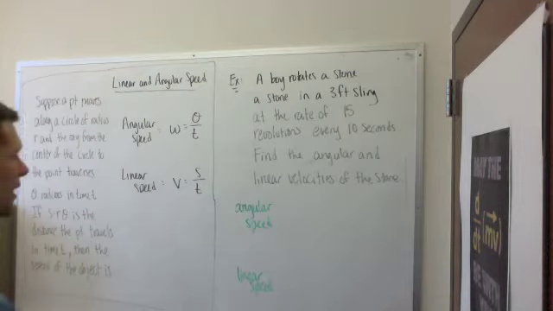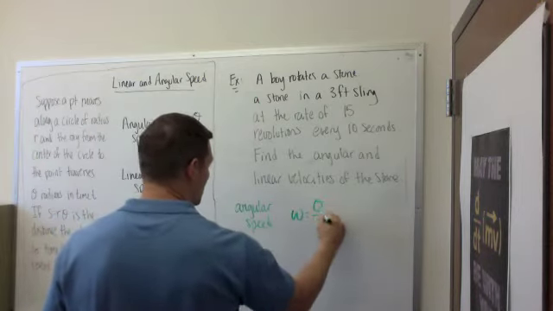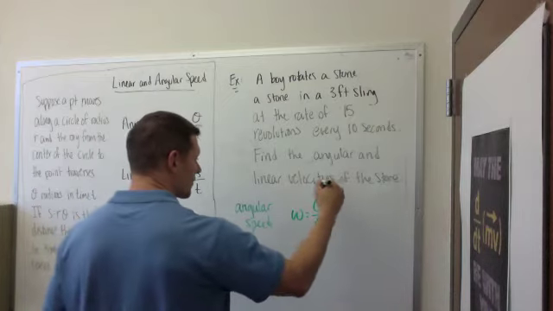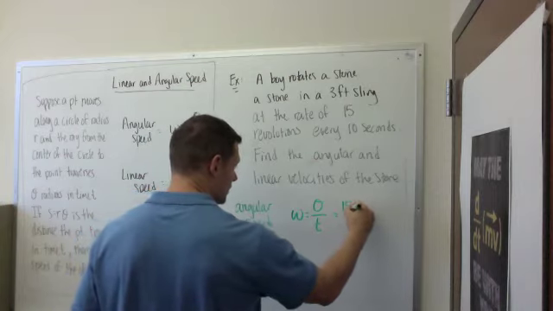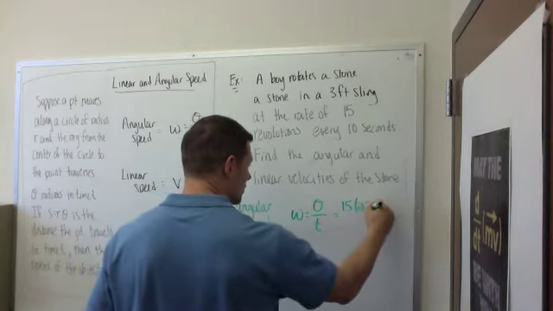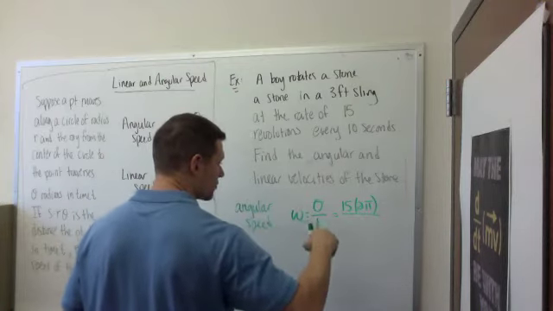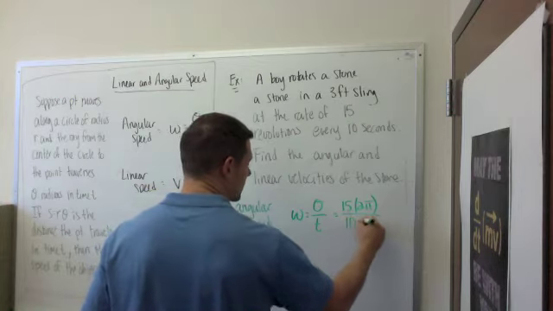So if we have omega, which is the angular speed, equals theta over t, and theta equals 15 times 2 pi, because we're doing 15 of the 2 pi, that's a revolution, going all the way around the circle, divided by the 10 seconds.